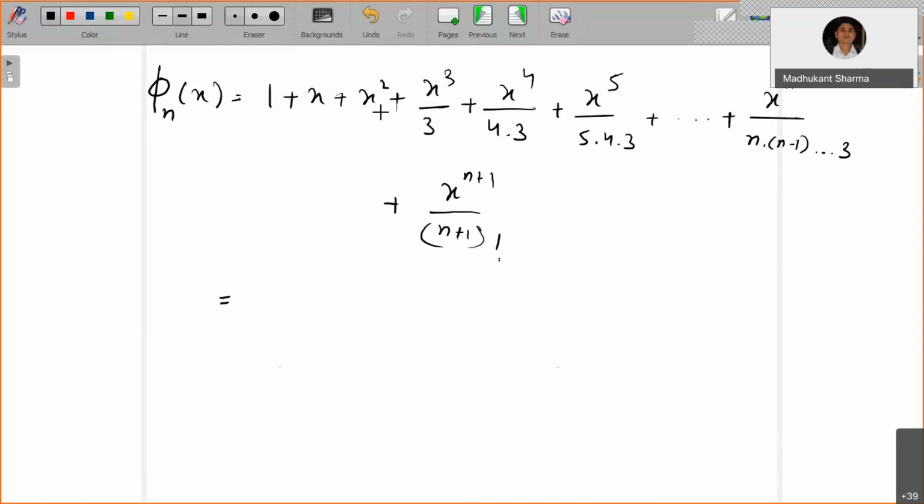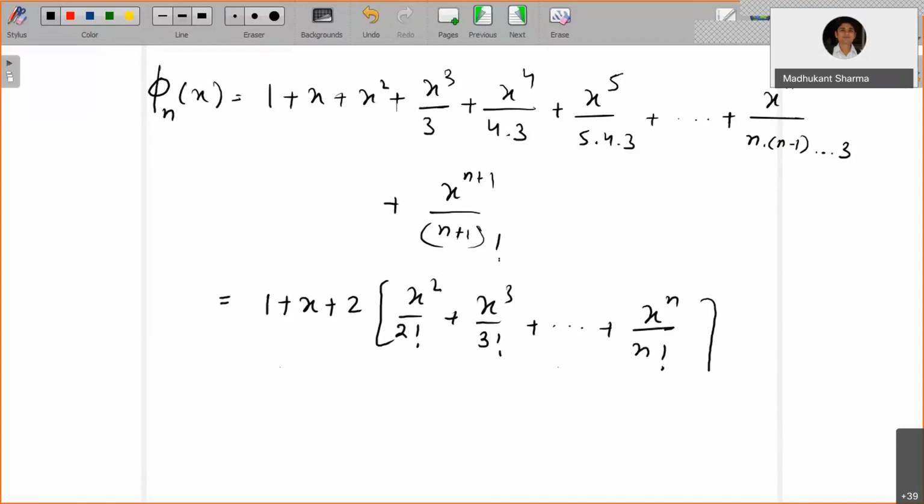So you will have 1 plus x plus 2 times x square by 2 factorial plus x cube by 3 factorial, and so on, plus x to the power n by n factorial plus x to the power n plus 1 by n plus 1 factorial.